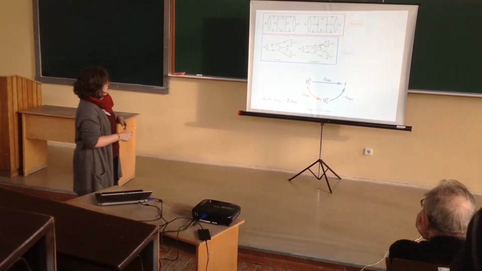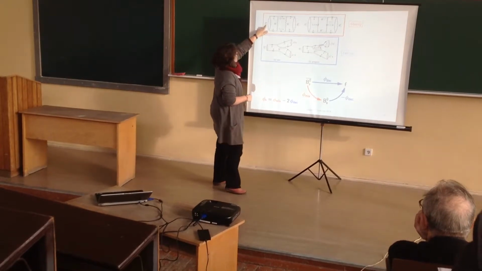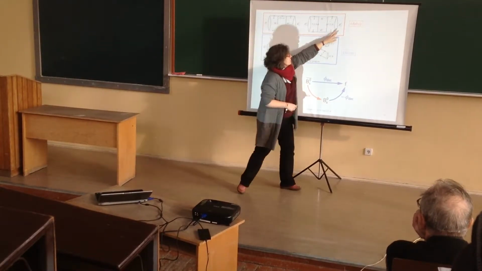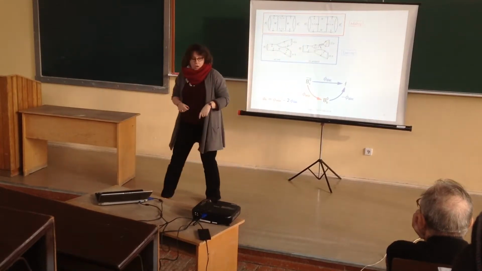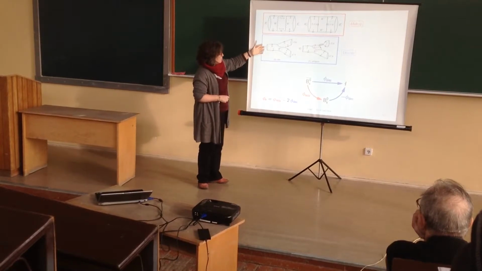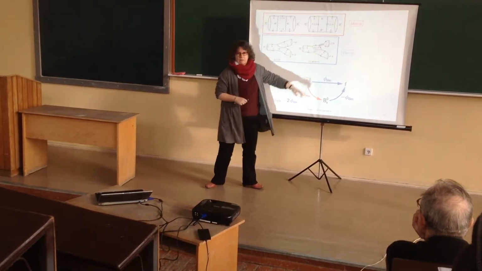I'm sorry, it's hardly visible, but here you have a B0_s, and here you have a B0_s bar. And for the decay, I can draw two diagrams, this one and this one.